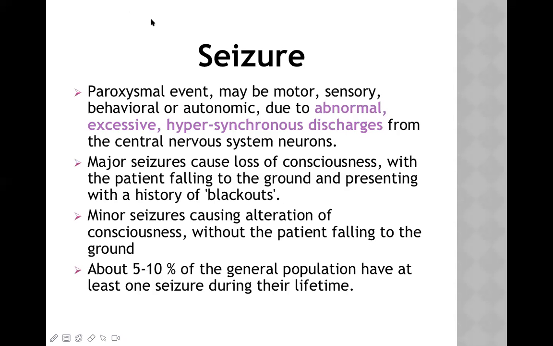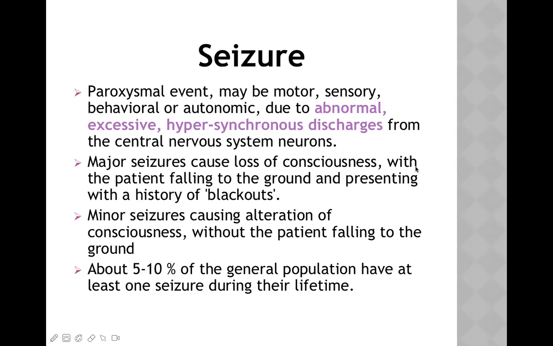You can define seizure in your own way, but the important points have to be there. So seizure is a paroxysmal event which occurs because of hypersynchronous excessive discharge from the central nervous system neuron, and that seizure can be motor seizure, sensory seizure, behavioral, also known as psychic seizure, or autonomic seizure.